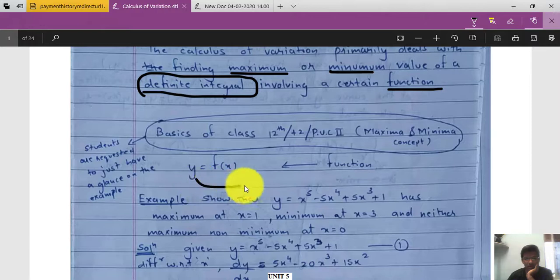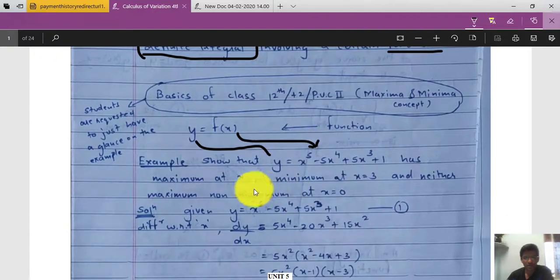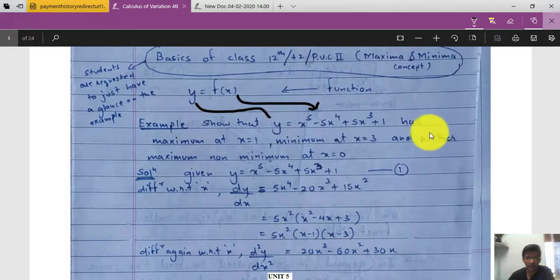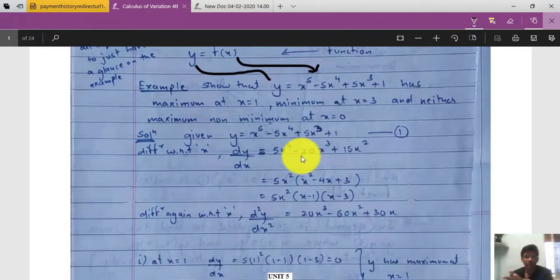So this is your y and this is your f of x. It has maximum at x equal to 1, minimum at x equal to 3, and neither maximum nor minimum at x equal to 0, right? So here we are going to find minimum and maximum. This example is being taken for your understanding purpose only.